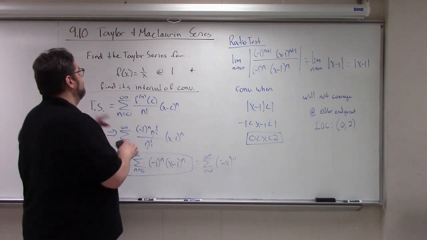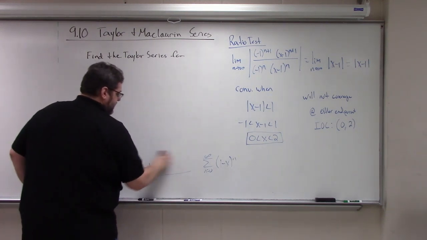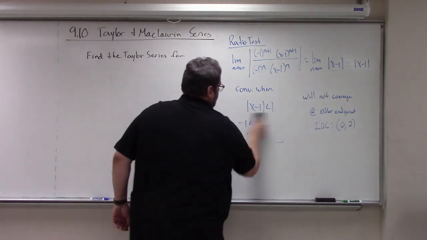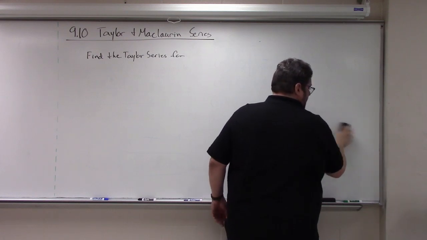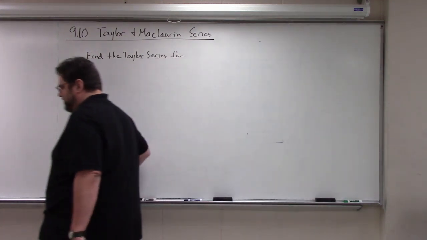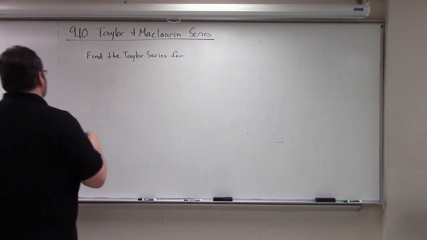So I want to do one more series. In fact, I want to do a Maclaurin series. And then I'm going to show you something else. So the Maclaurin series I want to do is f of x equals e to the 4x.